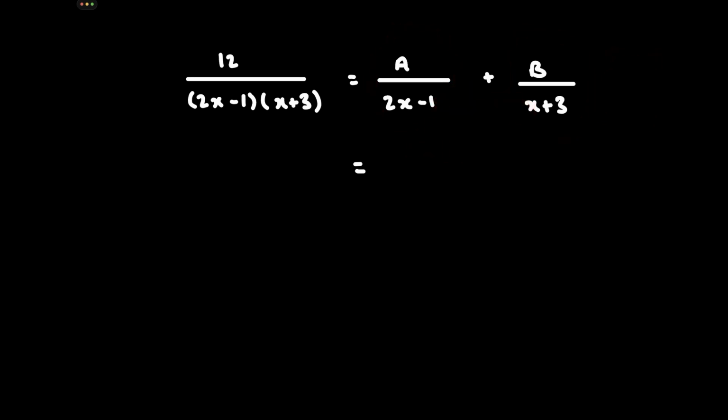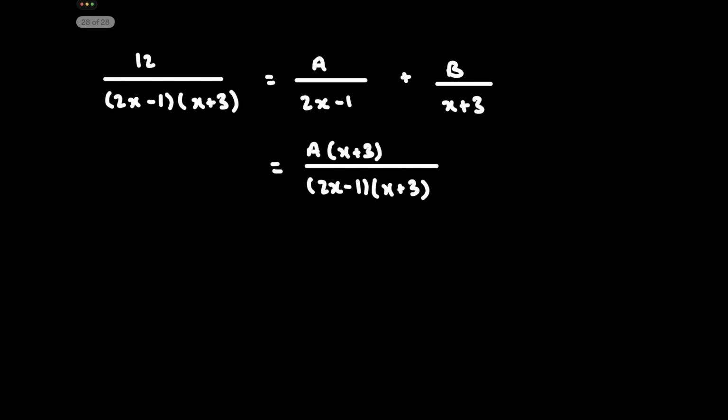So if I continue with this, I'll get a times x plus 3 divided by 2x take 1 times x plus 3. And for this fraction here, I'll get b times 2x take 1 divided by 2x take 1 times x plus 3.